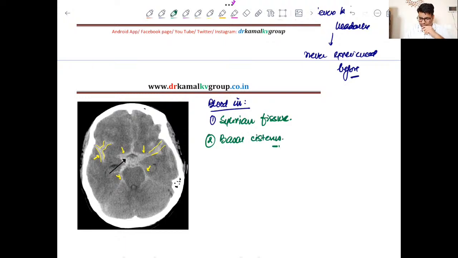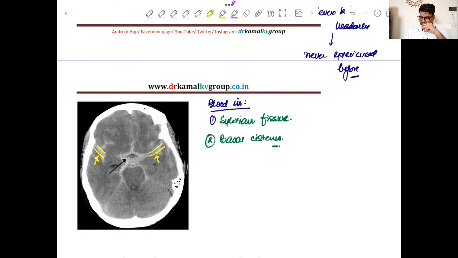Now I think Sylvian fissure, all of you can understand what actually it is. So Sylvian fissure, if I draw it, this area is the Sylvian fissure area, okay, and here you can see the whiteness, so that is suggesting that there is collection of blood in the Sylvian fissure.